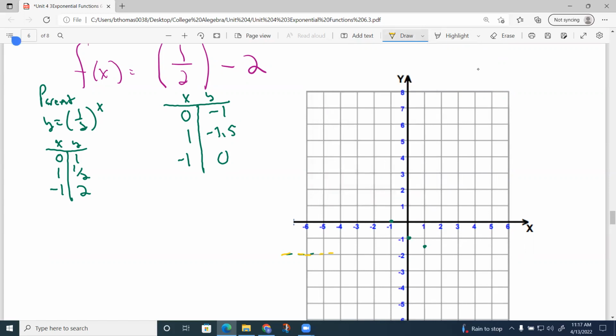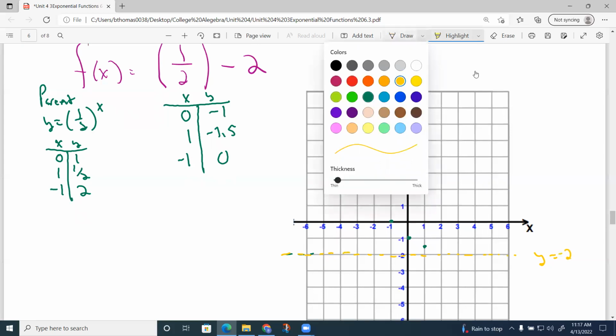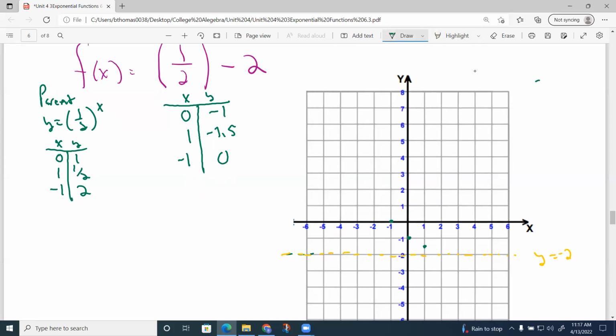So notice how the vertical shift will affect where the asymptote is. So it's now going to be at y equals -2 instead of being y equals 0. So from there, you can kind of see that the graph itself is just going to be kind of like the original function, except just been moved down. So it kind of starts out high and finishes going close to the boundary line, the asymptote.